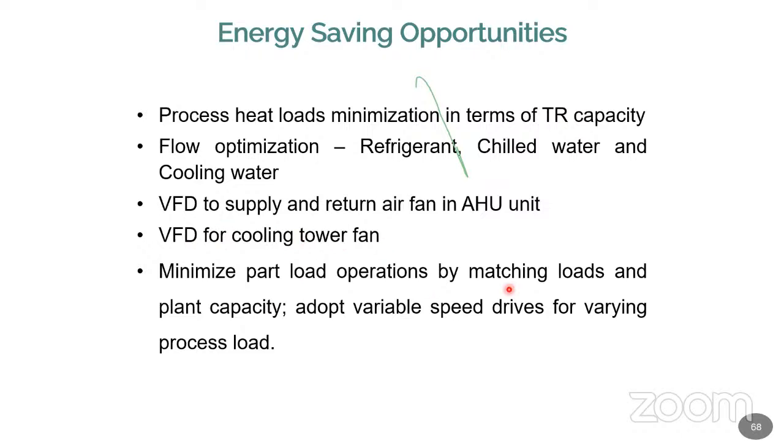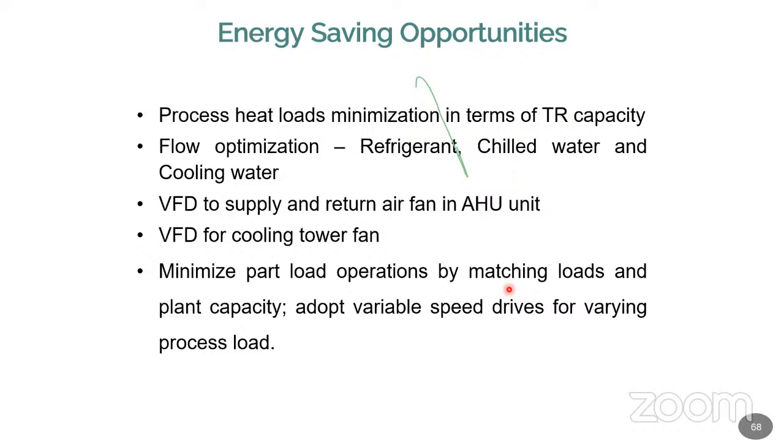And part load application: when the load is lesser, when the load is half or one third or two thirds, then based on that you can operate the compressor by fitting VFD drives. That's also very important. Normally, a 120 TR chiller capacity is designed for 10 shops in a shopping mall. For example, if it is designed for 10 shops in a shopping mall, 120 TR.